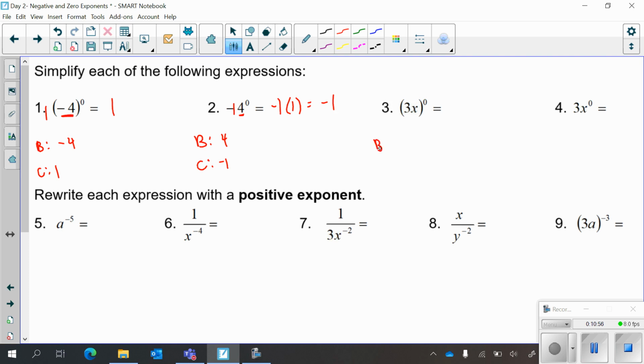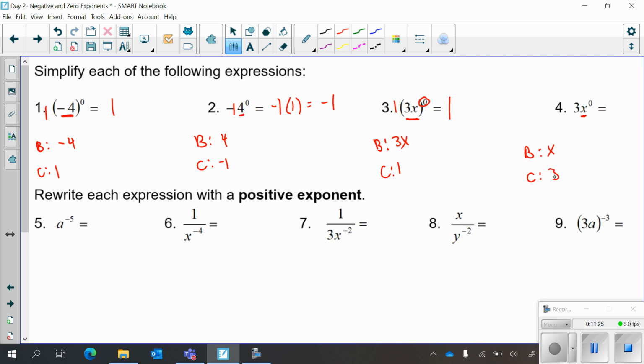For the next one, your base is 3x. The coefficient is 1. So because you have 3x to the 0 power, that whole thing becomes 1. Plus there's already a 1 in front, so everything is 1. Whereas in the next one, the only thing attached to the exponent is x.